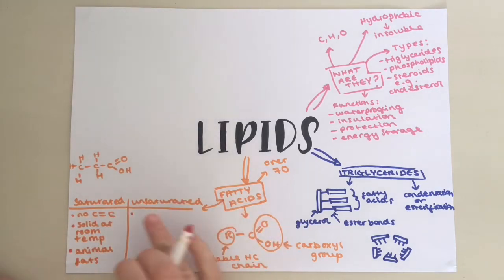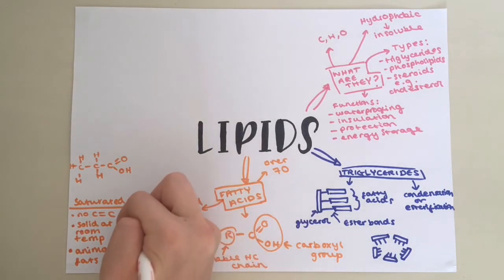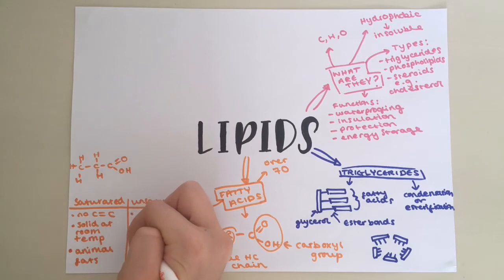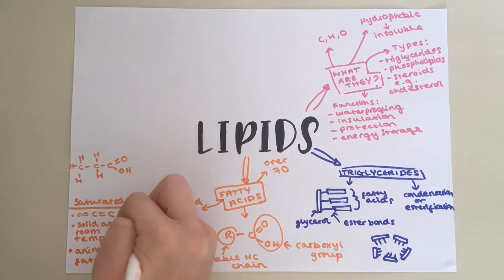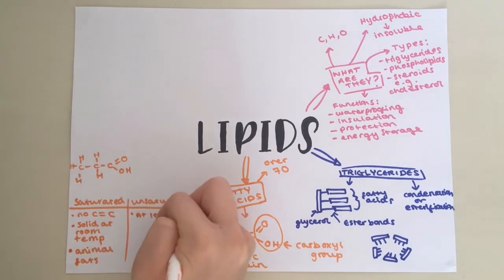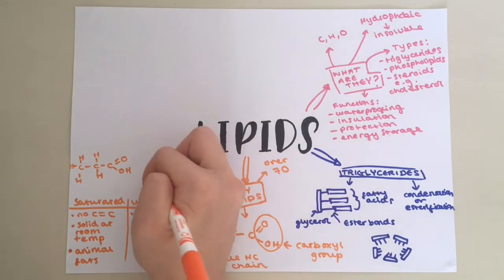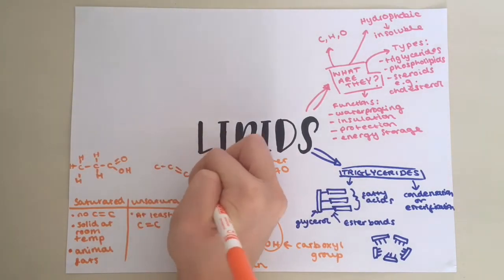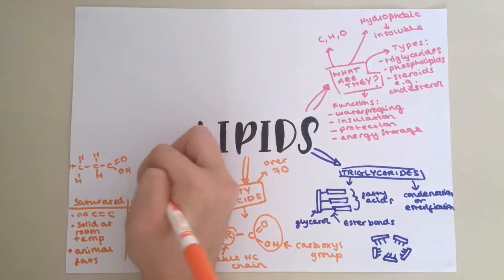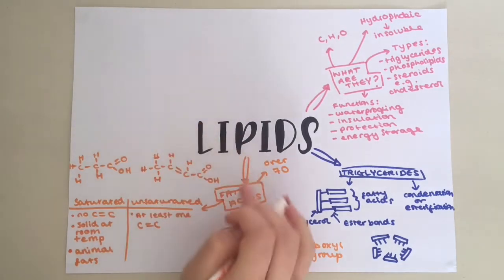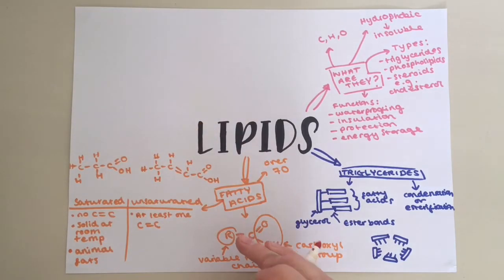On the other hand, unsaturated fatty acid will have at least one carbon-carbon double bond between adjacent carbon atoms in the carbon atom chain. So, for example, this would be an unsaturated fatty acid.